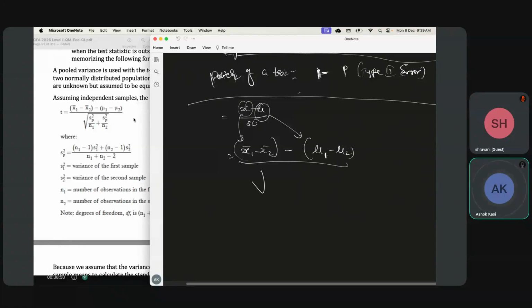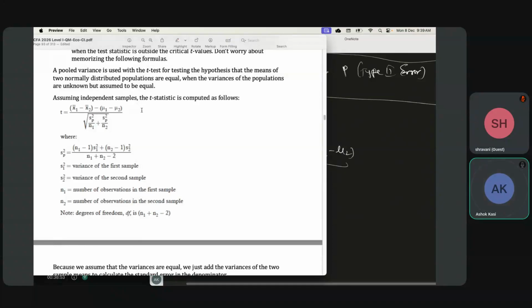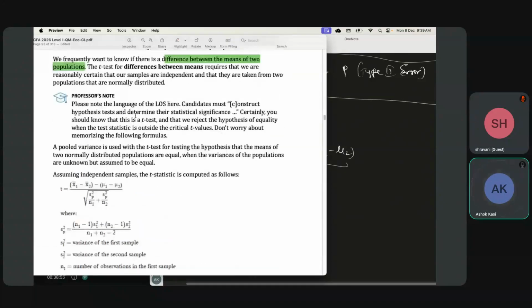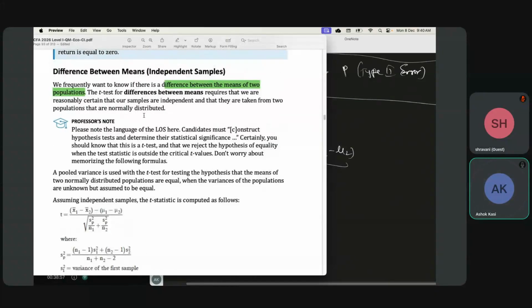Because here they have taken the pooled variance, the samples are independent and are taken from two populations that are normally distributed. This is the key point.